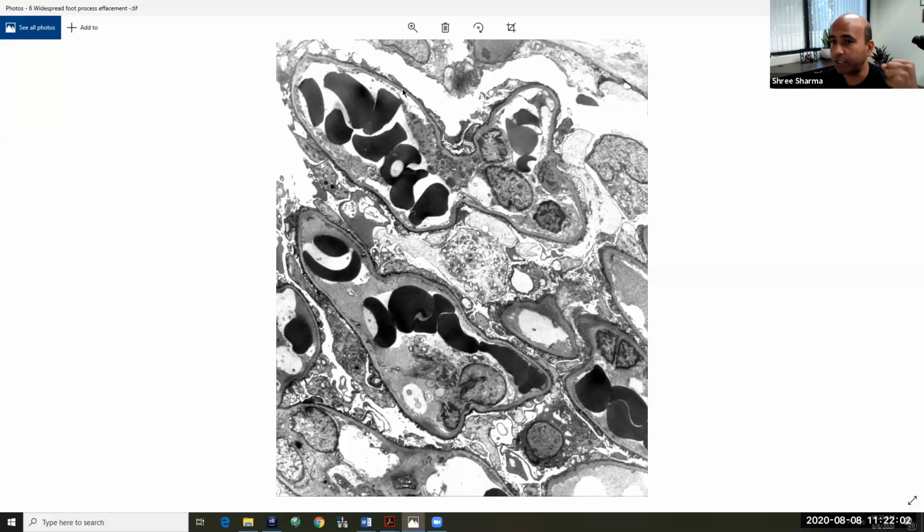Now it will try to heal itself. What does the body do? Any damage, if you end up getting a wound, it will heal itself by scarring. So what will happen? The glomerular tuft is going to get adhered to the Bowman's capsule because it's trying to heal itself. And now the repair process or the damage process will continue.